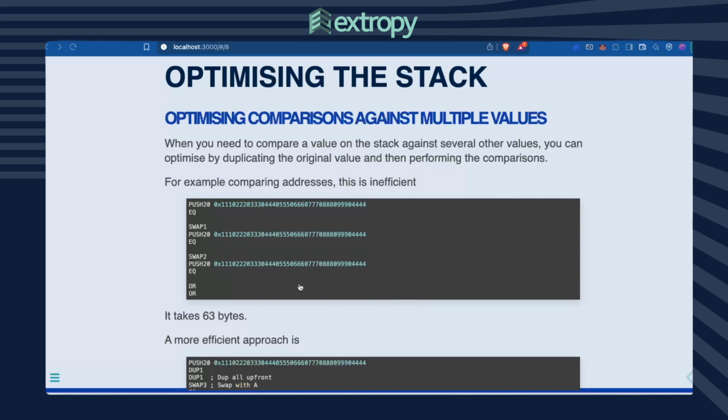Okay. If you're writing Huff, you need to know what to do. The stack management is quite a skill, so much so that the compiler and the optimizer haven't quite got there yet, because of the error that you sometimes get, the stack too deep error.